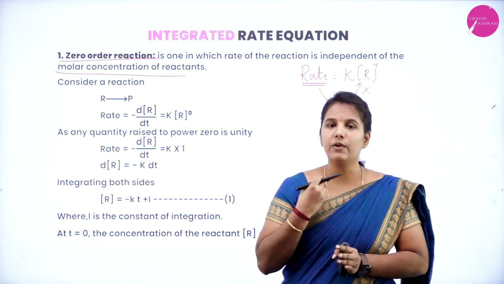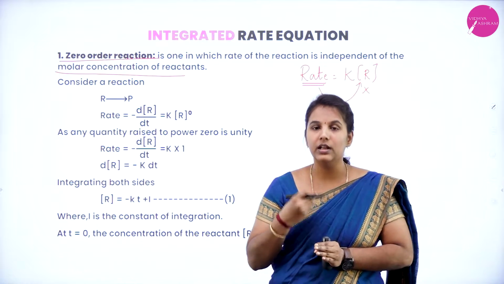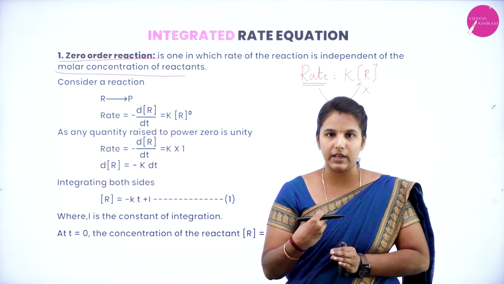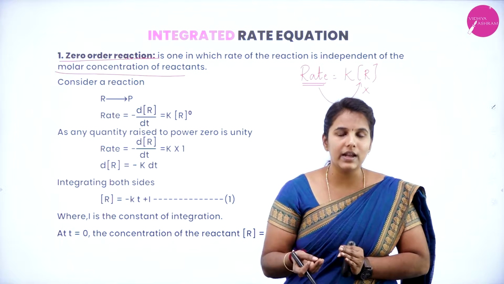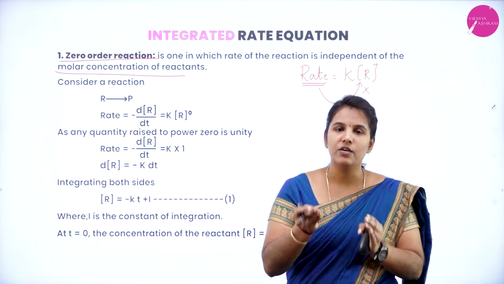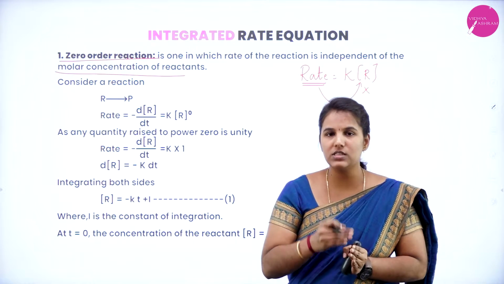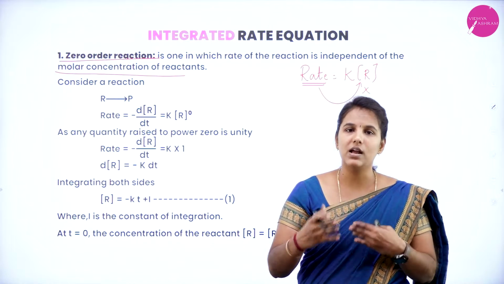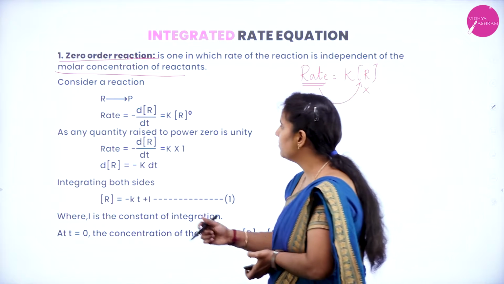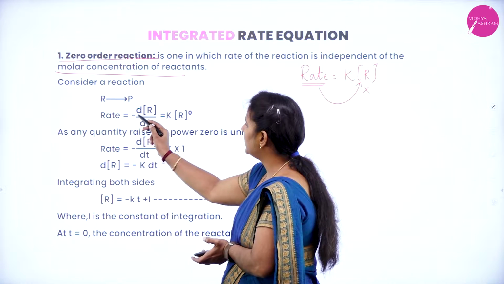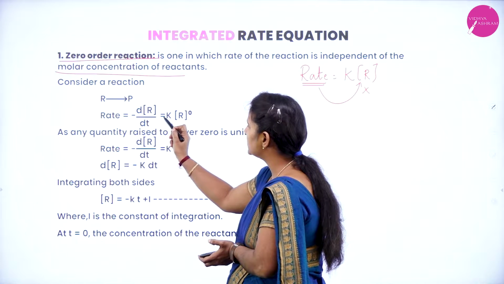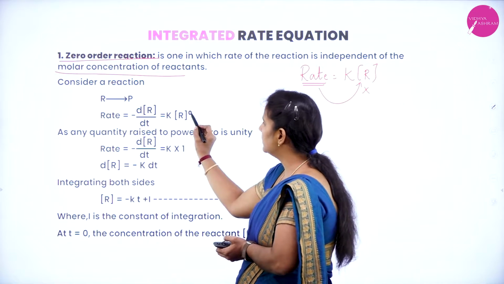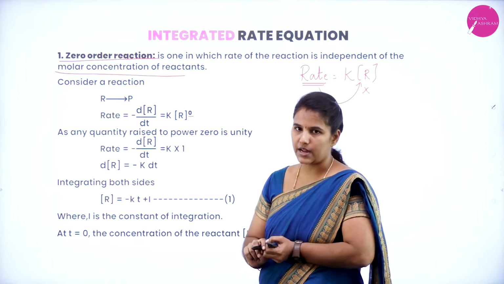That is why, if I write the rate equation in terms of the differential rate equation, it will become minus for the reactant, because its concentration will go on decreasing as time passes. Okay. So, rate is equal to minus dR divided by dt, which is equal to k into R naught. Why is it R naught? Because this is a zero order reaction.